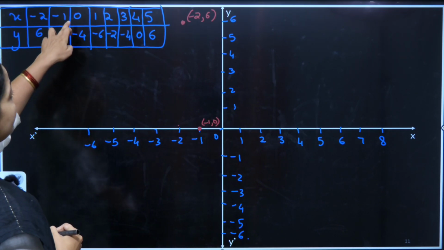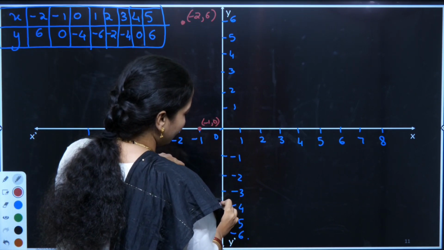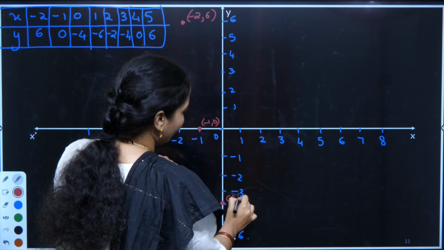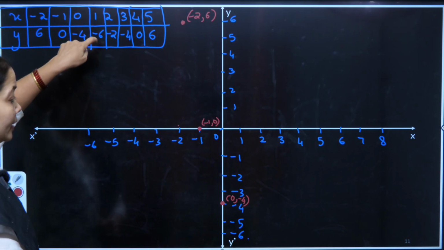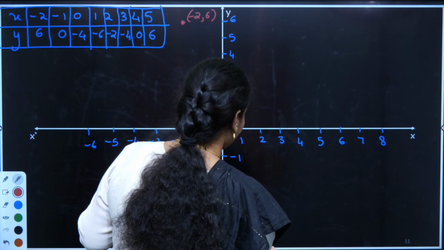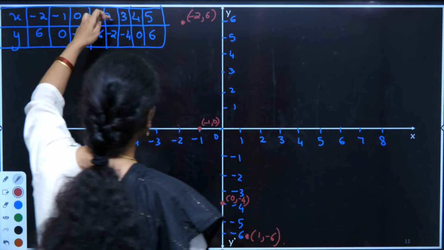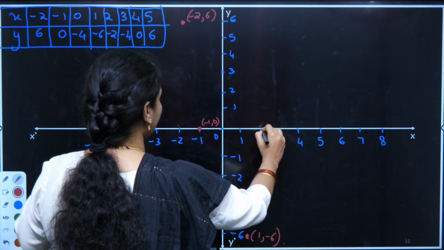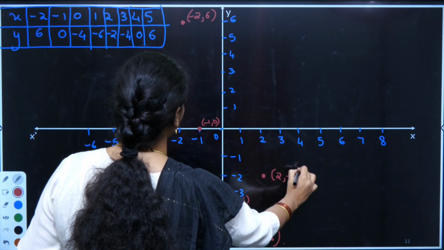Third point is 0 comma negative 4, 0 here and negative 4 here. So I will get 0 comma negative 4. Fourth point is 1 comma negative 6, 1 here and negative 6 here. So 1 comma negative 6. Then 2 and minus 2, 2 here, minus 2 here. 2 comma negative 2.